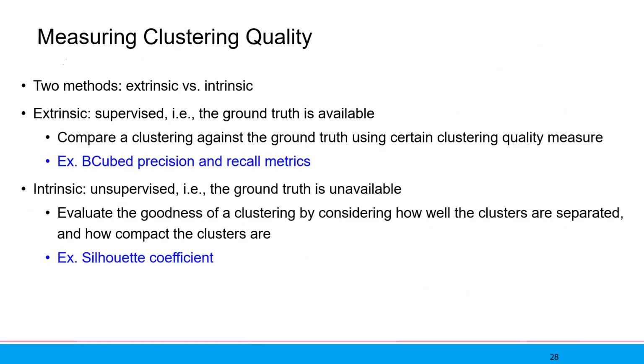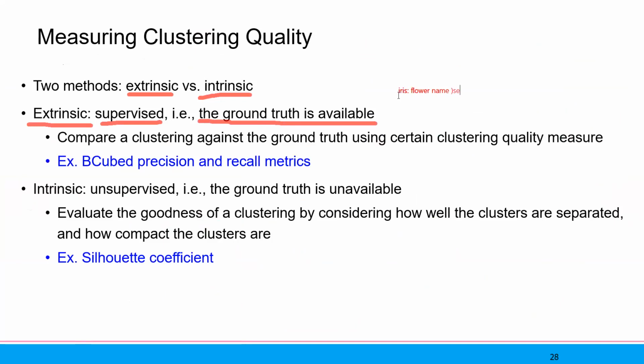We can have measures for this clustering quality. We call it extrinsic and intrinsic. Extrinsic is similar to supervised. The ground truth is available. For example, the iris dataset. In the iris dataset, we know the flower name.